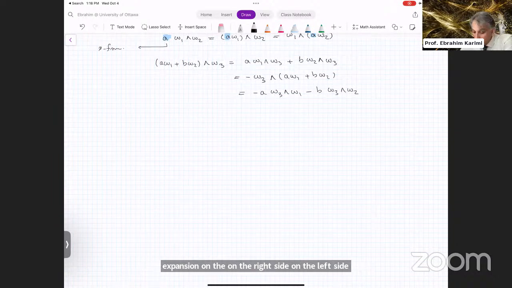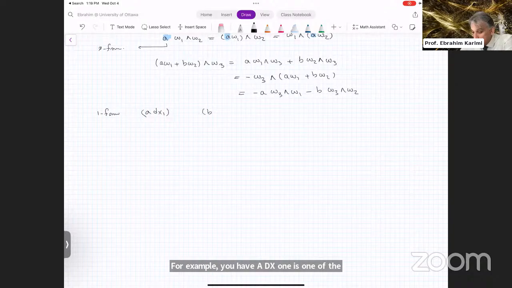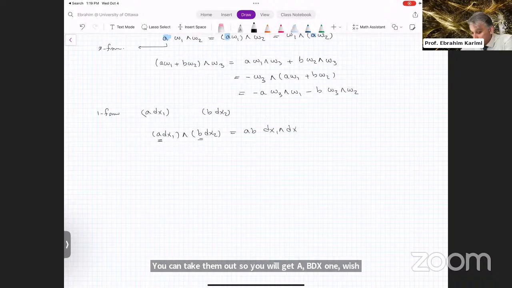And remember, when you have one forms, differential, for example, you have a dx1 as one of the forms, and the other one is b dx2, then essentially the wedge product of a dx1 with b dx2 will be equal to, since these two are zero forms, you can take them out, so you will get ab dx1 wedge product of dx2.